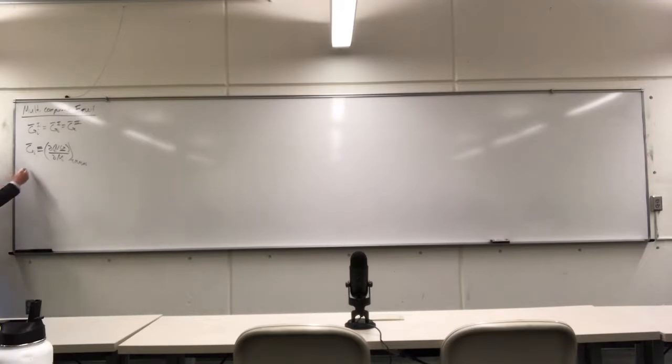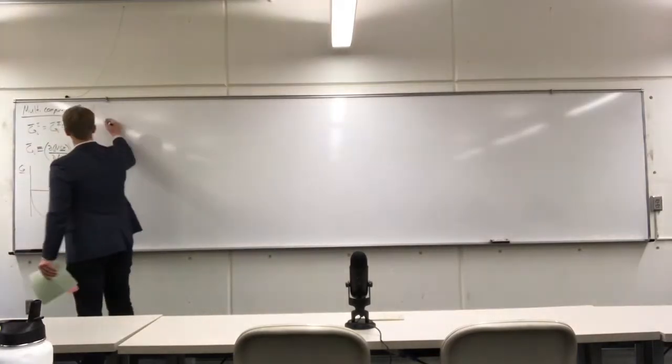Now the problem with this approach is that if we take a look at the Gibbs free energy of a mixture as a function of the mole fraction, it looks something like this for an ideal system. So even in the simplest of cases, it looks complicated like this.